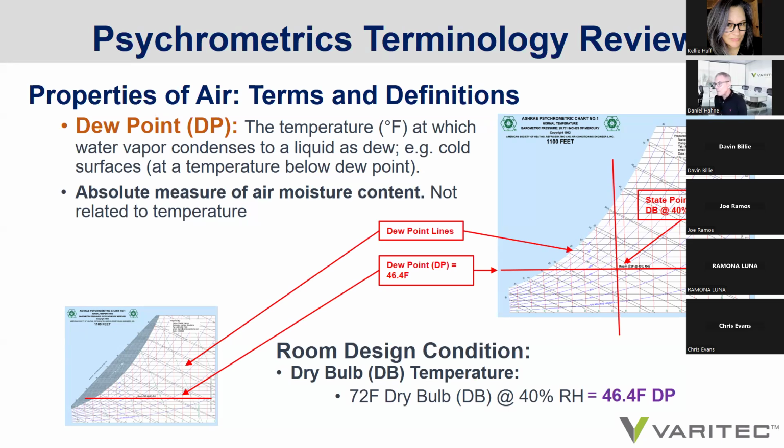So a straight line parallel to the x-axis is drawn through the state point, and we can calculate the dew point temperature either with a dew point reference line to the right that is parallel to the y-axis, or in a different way as well, through the wet bulb temperature, where the wet bulb and dry bulb equal each other. If the wet bulb and dry bulb temperature equal each other, that is the dew point. In this condition at 72 degrees and 40% RH, it is 46.4 degrees.